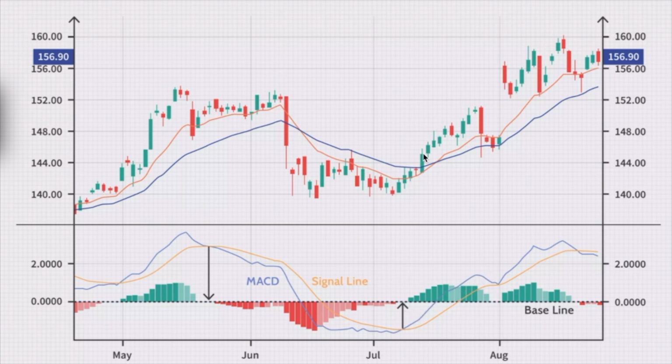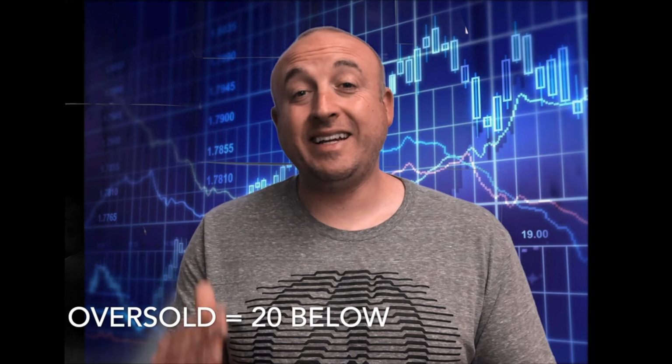The stochastic indicator basically takes %K, which is the averages of the highs and the lows in a recent trading period, versus the signal line, which is %D, which is basically a percentage of values averaged over a certain period of time. What you really need to know is if it is over 80, it is overbought, and if it's under 20, it is generally oversold.